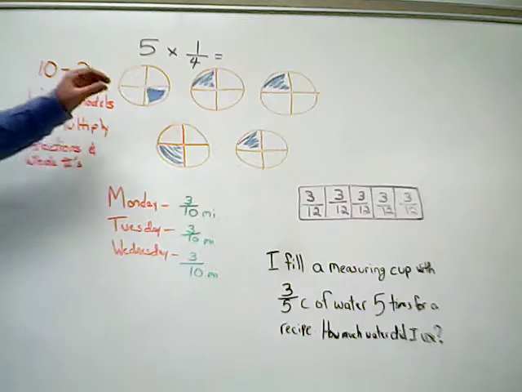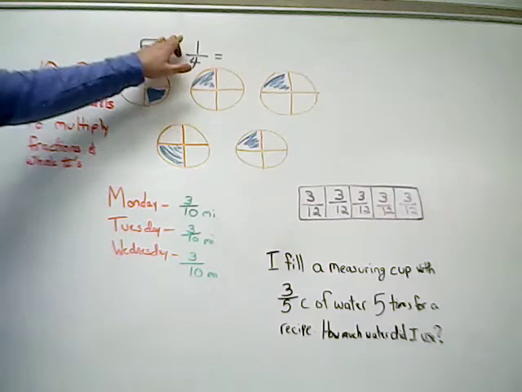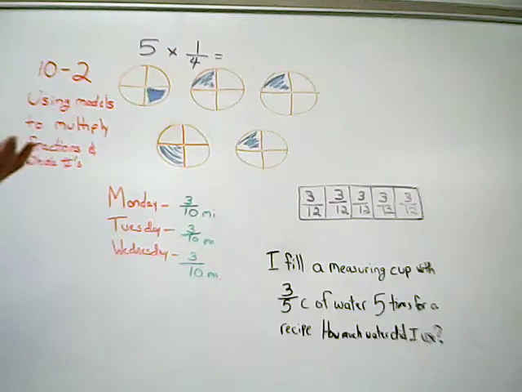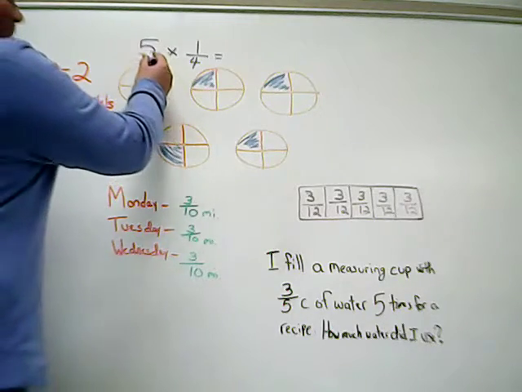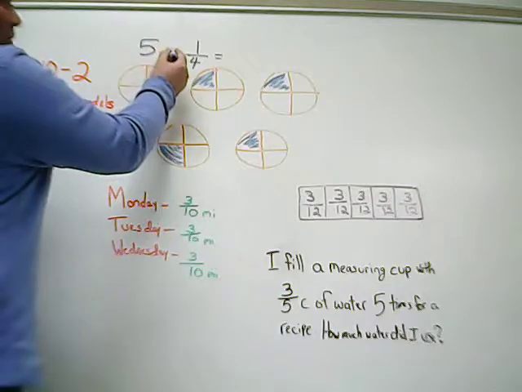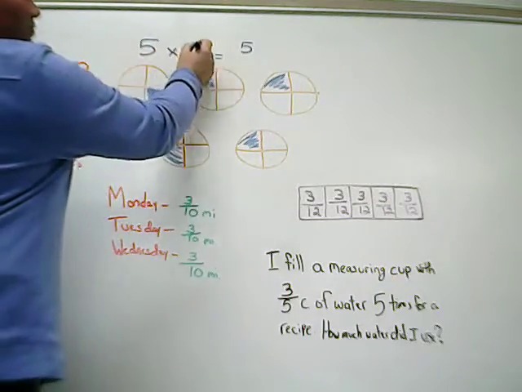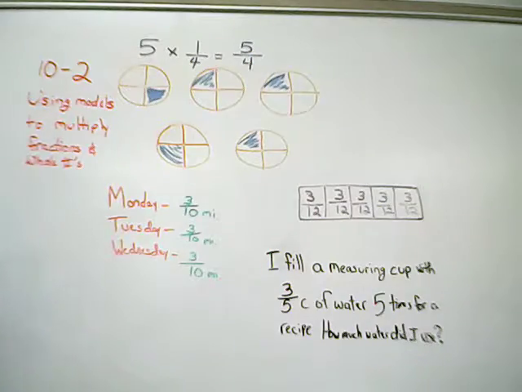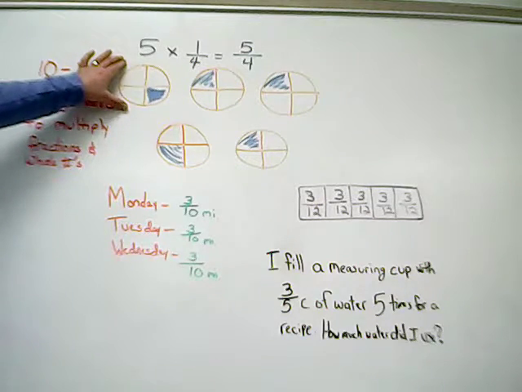Well, the common theme is to think numerator times the 5 and denominator times the 5, but that's not what we do. What we do is we multiply our whole number with our numerator. So in this case, 5 times 1 is 5, and I keep my denominator the same. The reason I do that is because I did not change the way each model was broken up.